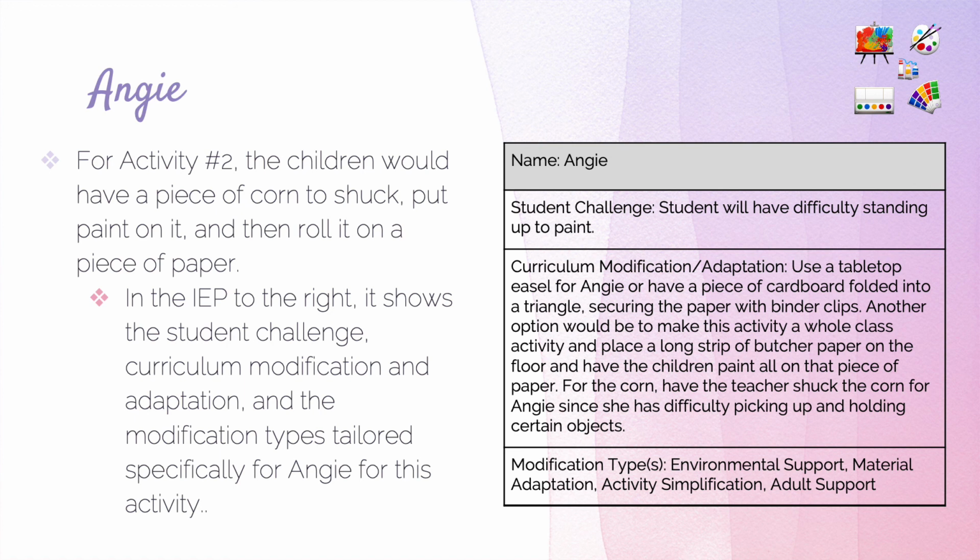Since the corn does have to be shucked, it would be better for the teacher to do it, since Angie does have difficulty picking up and holding certain objects. Some of the modification types touched in this IEP include environmental support, material adaptation, activity simplification, and adult support.